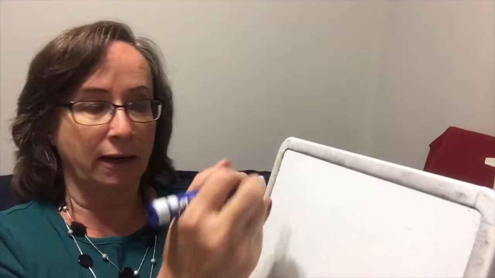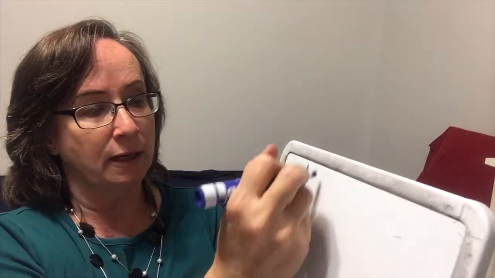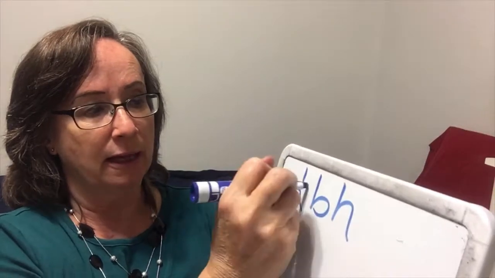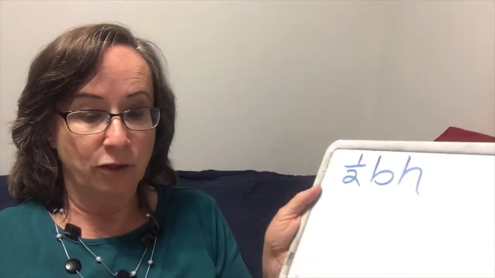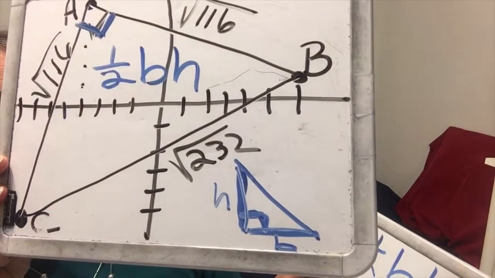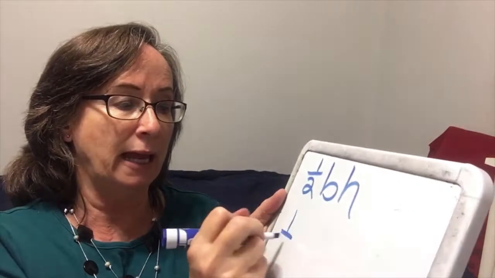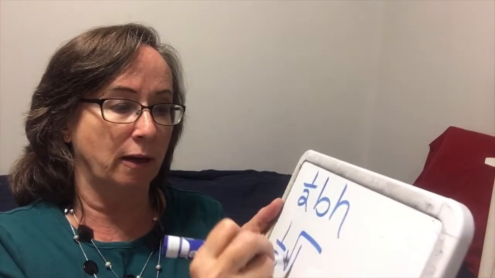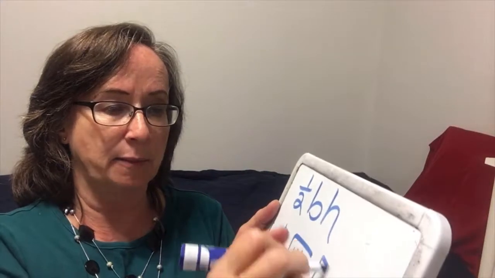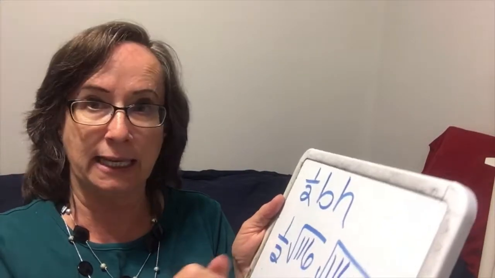Okay, so here is another board, which I will clean up. Now the area is 1/2 base times height, and because we're talking about the two legs of the triangle, not the hypotenuse, they will be my base and my height. I'll say 1/2 times the square root of 116 times the square root of 116.